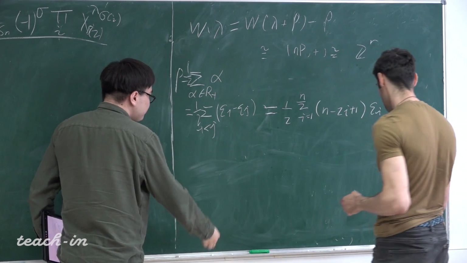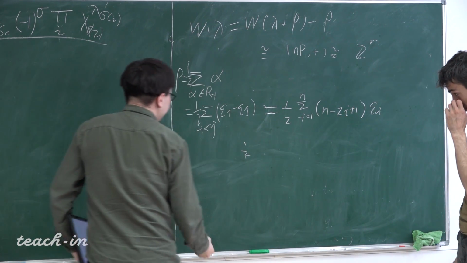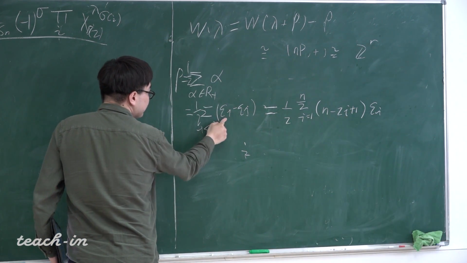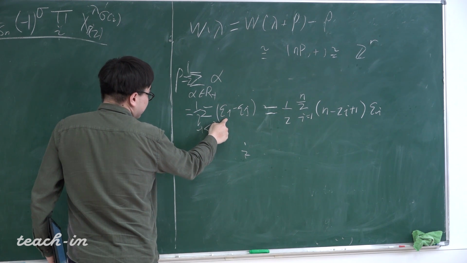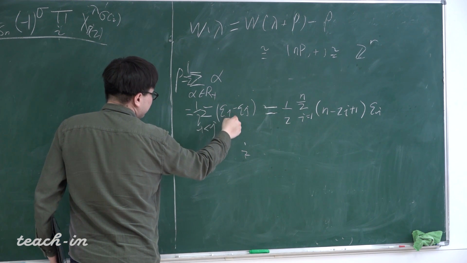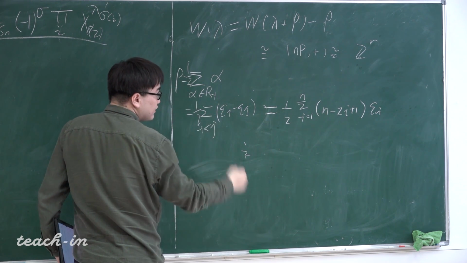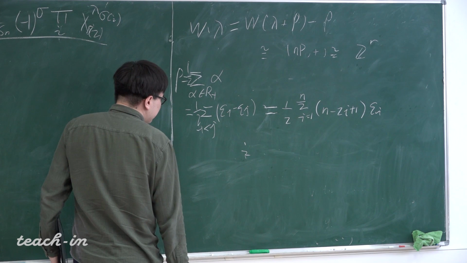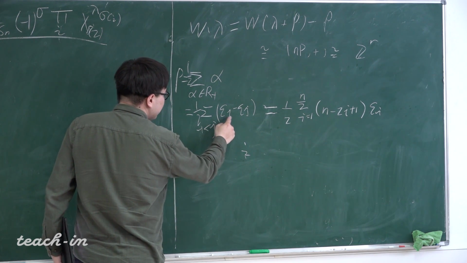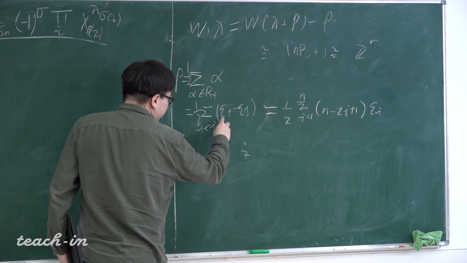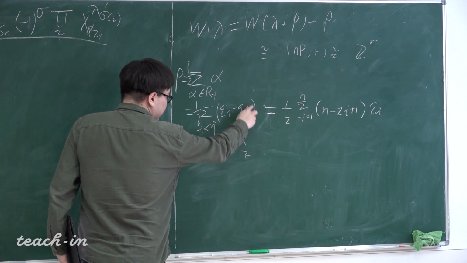If we fix the first one, how many epsilon i will appear here depends on how many j we can choose.